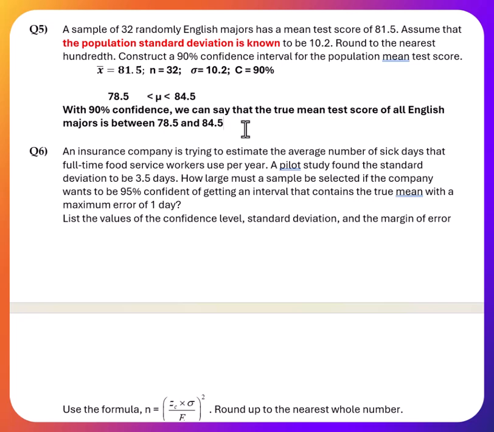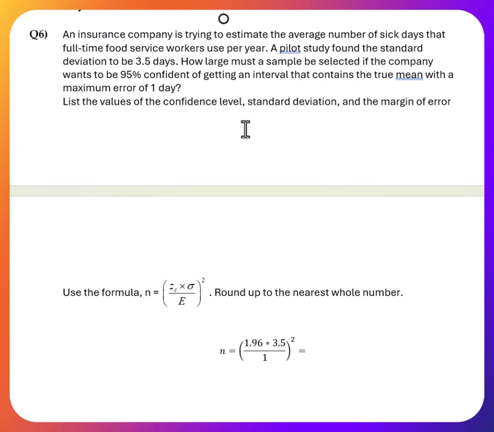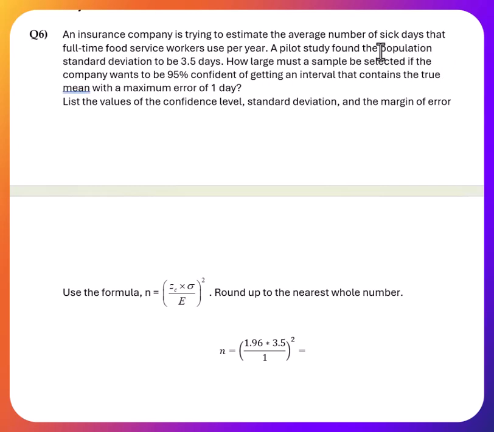Okay, last question we're going to do, which is again about the sample size. Finding the sample size when finding a confidence interval for the population mean. An insurance company is trying to estimate the average number of sick days that full-time food service workers use per day. A pilot study found the population standard deviation to be 3.5 days.